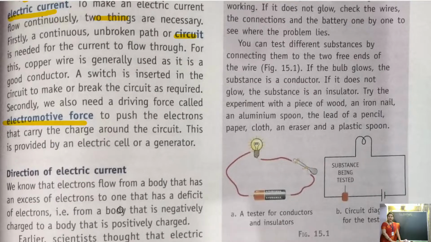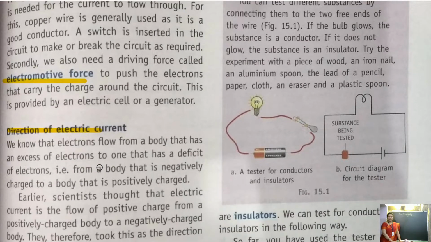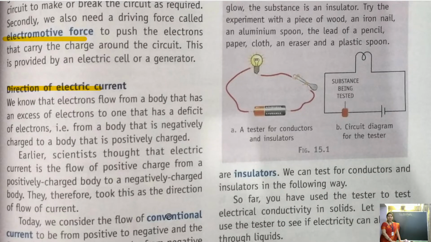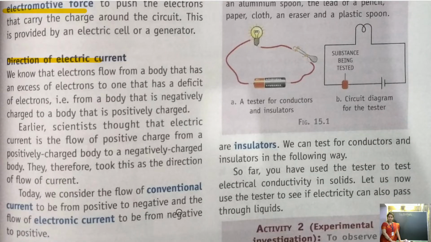Alright. Then we have seen the direction of electric current. So direction of electric current can be classified into two categories. We have conventional current. Conventional means the pattern which is being followed from the previous time, that is a traditional method or a traditional rule of flow of current.